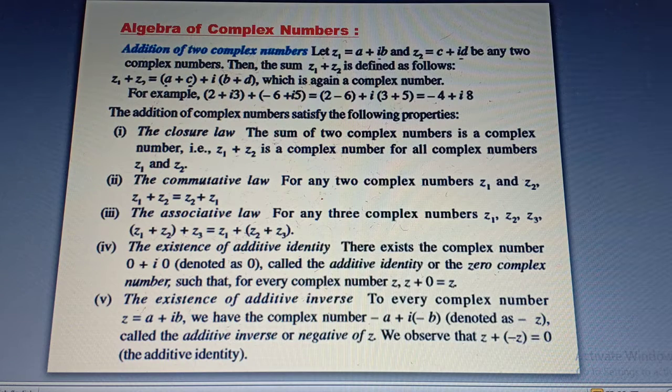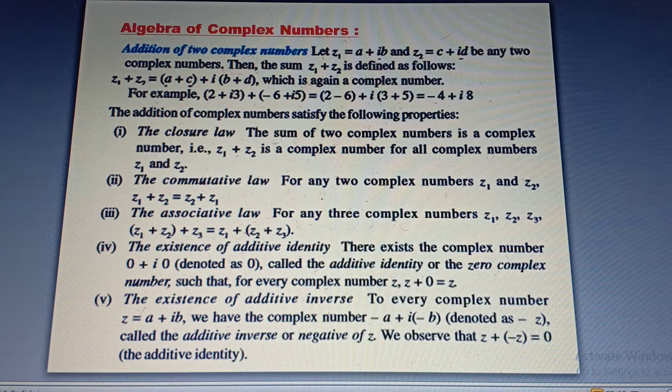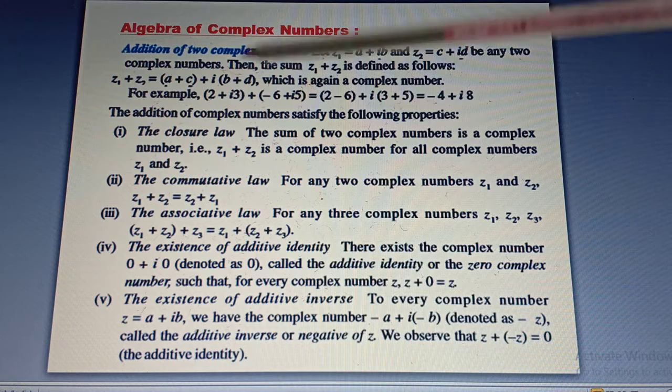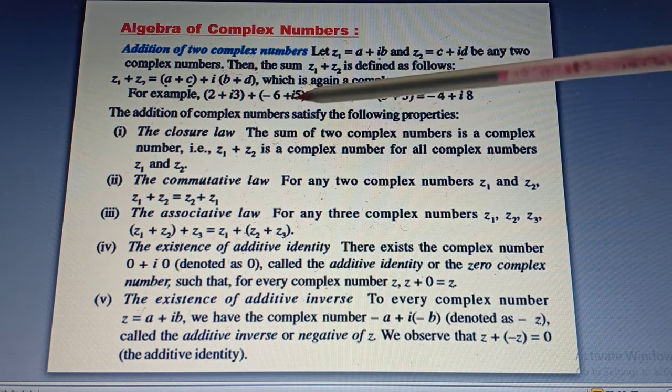Students, there is some algebra of complex numbers, how we can add and subtract. Let z1 equal to a plus ib and z2 equal to c plus id be two complex numbers. Then z1 plus z2, these two complex numbers can be added or subtracted. Like this, 2 plus i3 plus minus 6 plus i5.